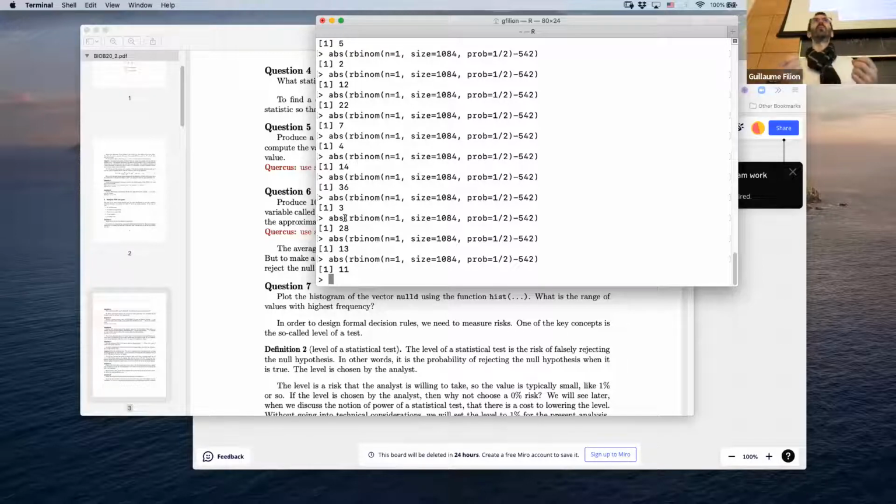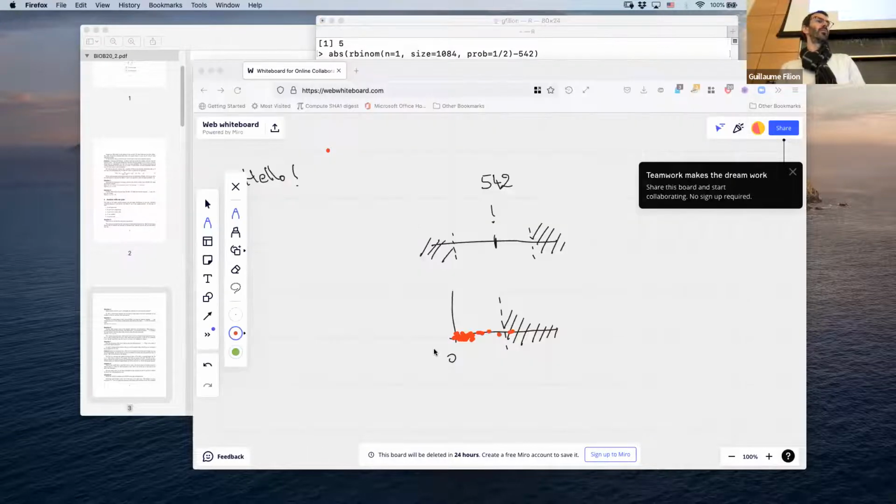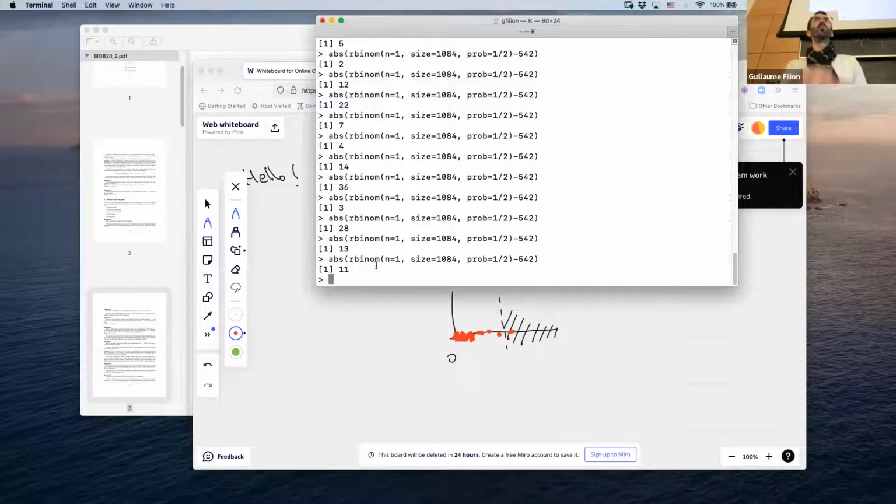These are examples of what the statistic will look like, and these numbers are exactly equivalent to the red points that I was drawing here. Many of them are close to 0. Some of them will be high, but how high? Is, for example, the number 100 impossible with this distribution, or is it still possible that you would have a deviation of 100? So let's find out.